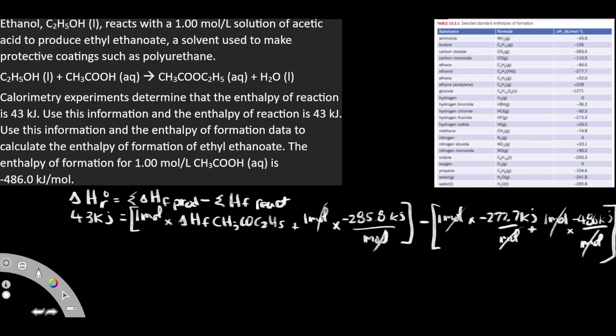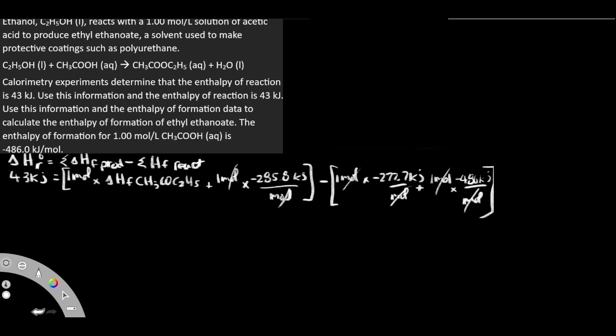So let's start doing the calculations. I'm just going to write this out as we go along. So we have our 1 mole here multiplied by our unknown value that we're still trying to find. And then this is going to be subtracting our negative 285. I'm going to subtract it by the addition of these two things.